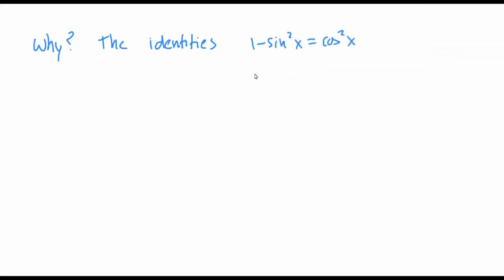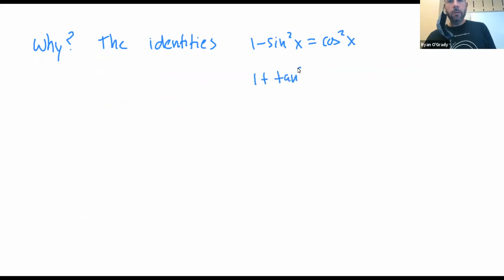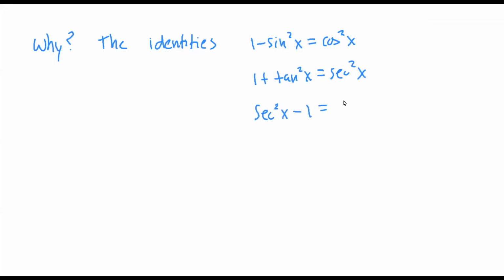And then the other one we would use would be 1 plus tangent squared equals secant squared. And the other one that you would use, for the third thing inside the radical, secant squared minus 1 equals tangent squared.